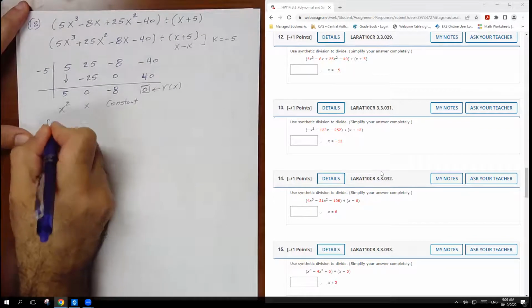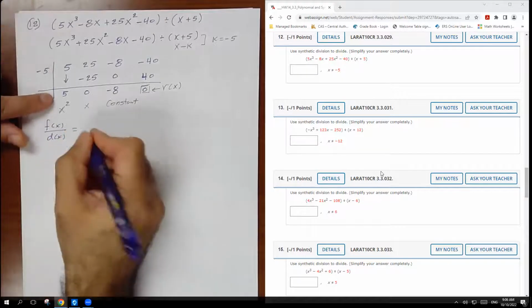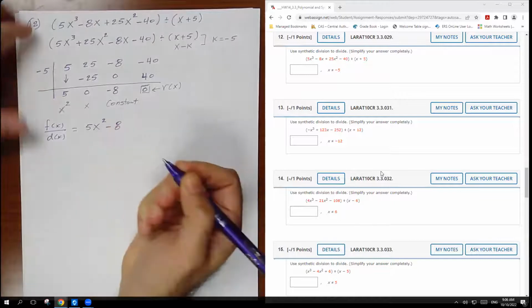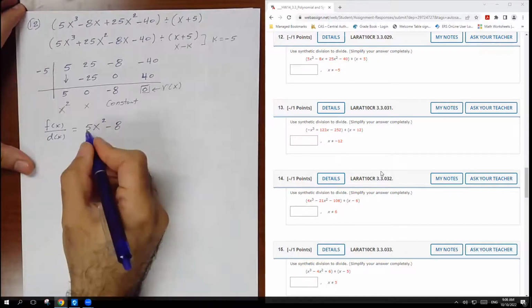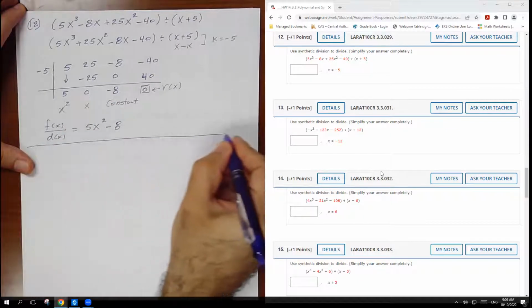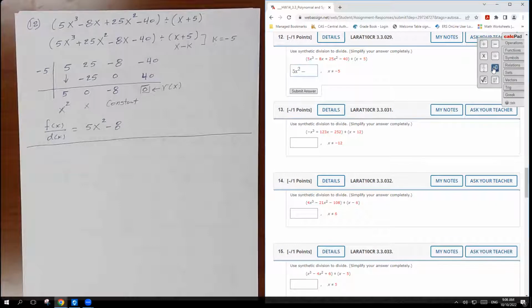So the division of f of x divided by d of x is going to be 5x squared minus 8, because the remainder is 0 and the coefficient of x is 0. So we're just going to type 5x squared minus 8. That's it for this example.